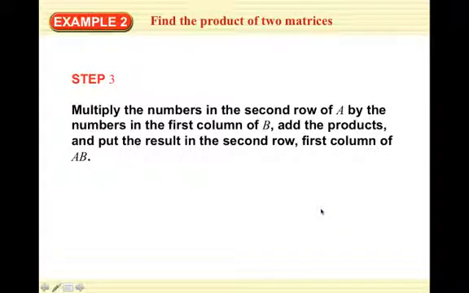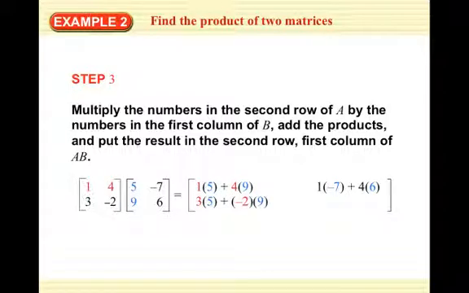All right, step 3, we're going to multiply the numbers in the second row of A by the numbers in the first column of B. And we're going to add the products and put the results in the second row, first column of AB. So we're going to have 3 times 5 plus negative 2 times 9 because we're using the second row in the first column. So guess what step 4 is?